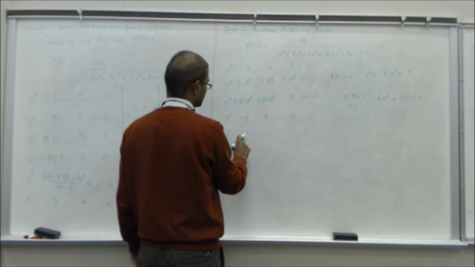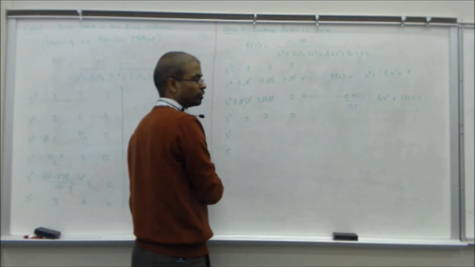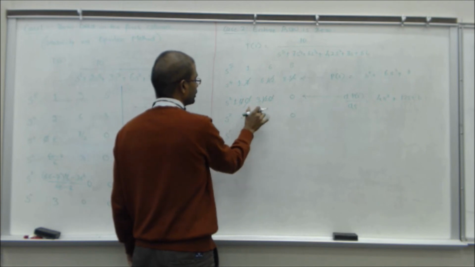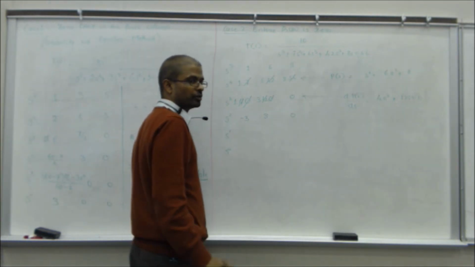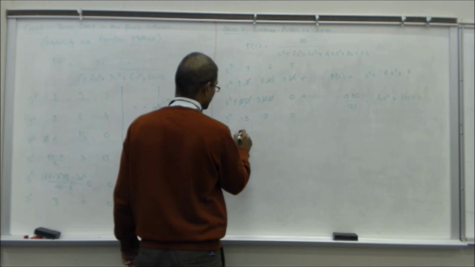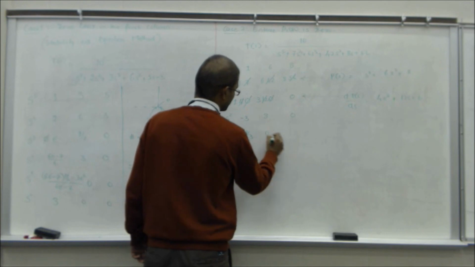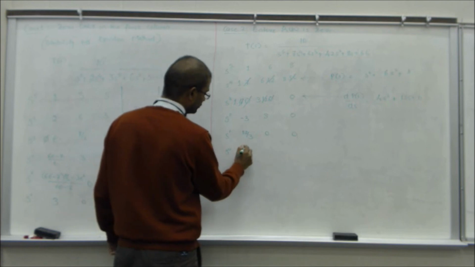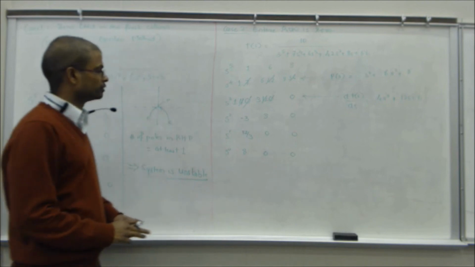What is this? Minus 9 minus 8 over minus 3. Minus 9 minus 8 is minus 17 over minus 3. This is 17 over 3. And this would be 0, 0. And this would be 8, 0, 0.